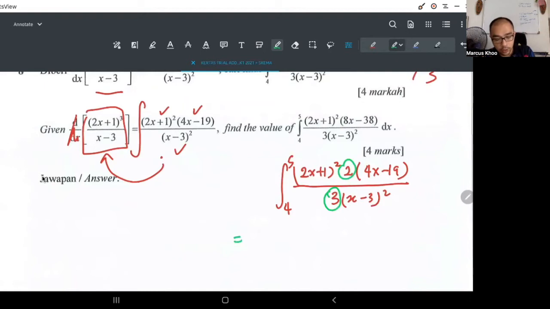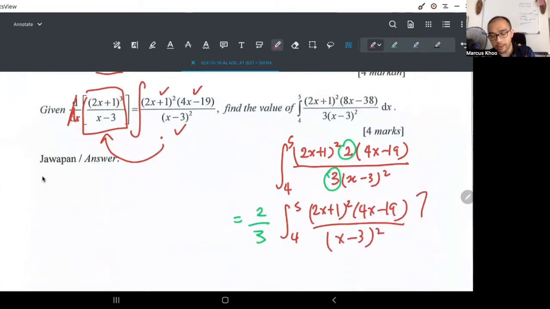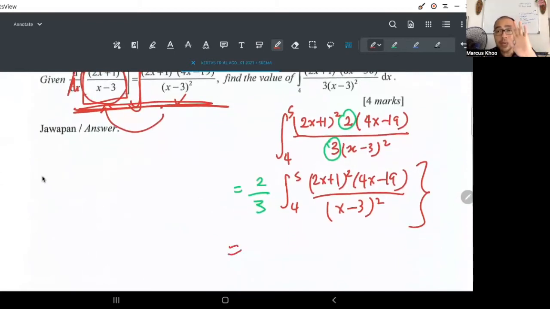So I will get 2 over 3, the integration from 4 to 5 of this whole thing, 4x minus 19 over x minus 3 squared. Now, according to this information, the integration of this will give me this. So I can automatically write it; you don't even need to integrate actually.